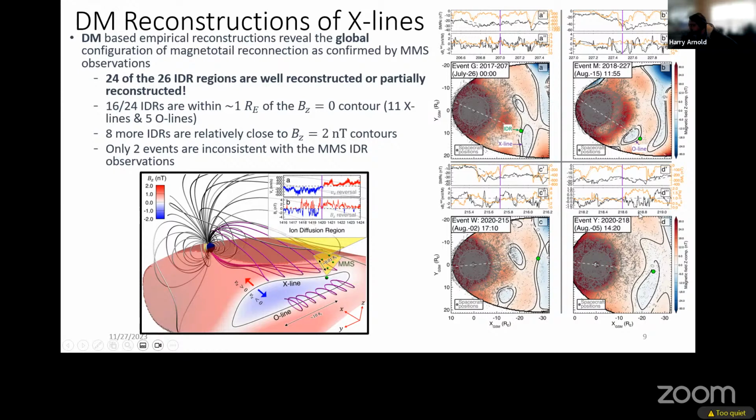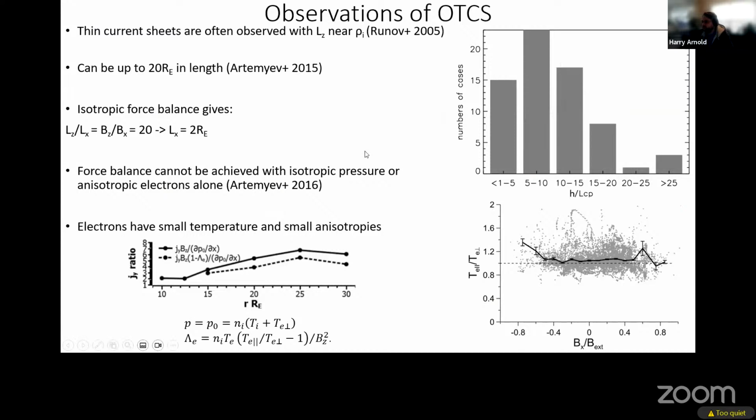And you can see it nicely matches up to either an X line, which is the earthward side, or an O line, the nightward side of these contours every time. And even the 2 events that were missed, there's some reasons for that I won't go into. But the point is that these reconstructions seem to be doing an excellent job of capturing the night side magnetosphere.